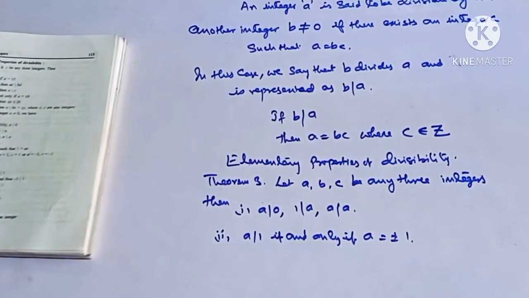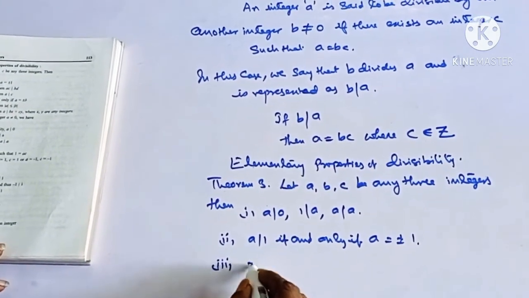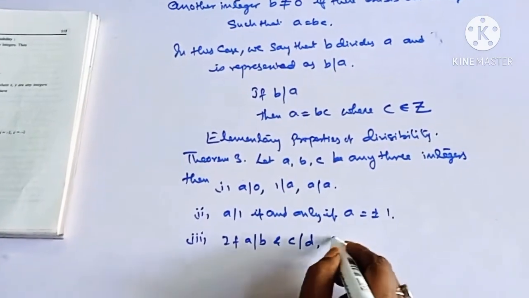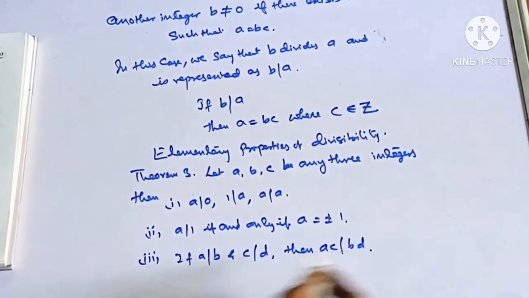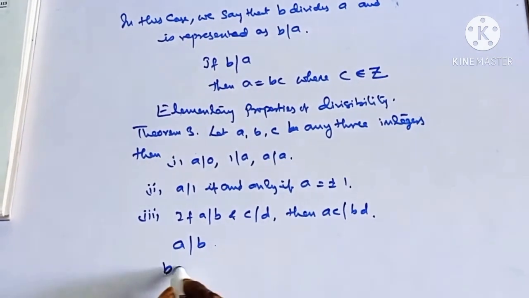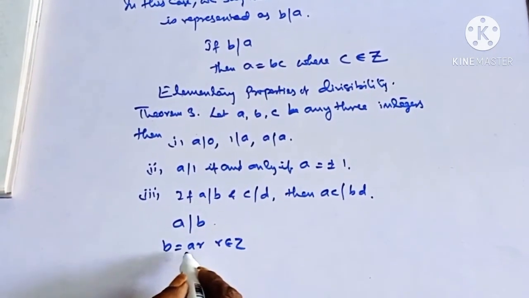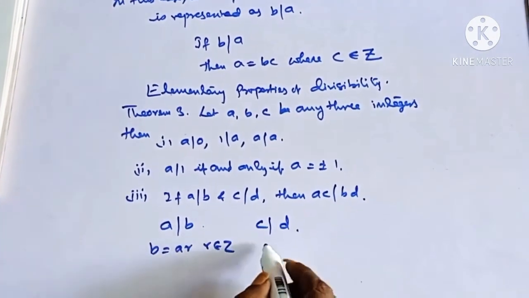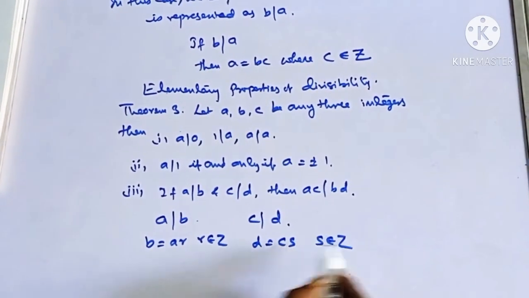Now third, if a divides b and c divides d, then ac divides bd. So see the proof. a divides b, that means b is equal to ar, where r is some integer. Again, c divides d, that means d is equal to cs, where s is some integer.